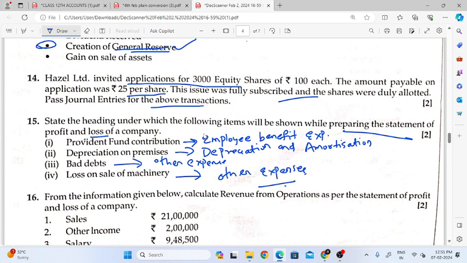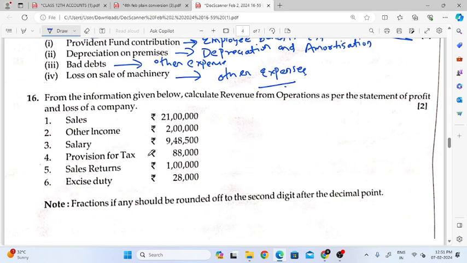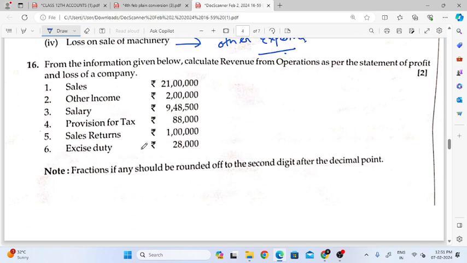Okay, then next is from the following information given below, calculate revenue from operations. And how do we calculate revenue from operations? Revenue from operations include only sales. So here they have given the sales amount, then we have to subtract excise duty and sales return.